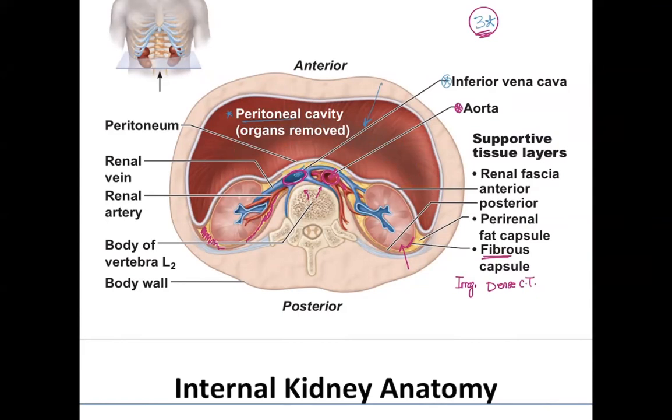We can see the kidneys, the fibrous capsule of the kidney, and the surrounding fat to support the kidney called the perirenal fat capsule. The level at which we've got this section is the 2nd lumbar vertebra. This is where we've got the transverse section of the abdomen.